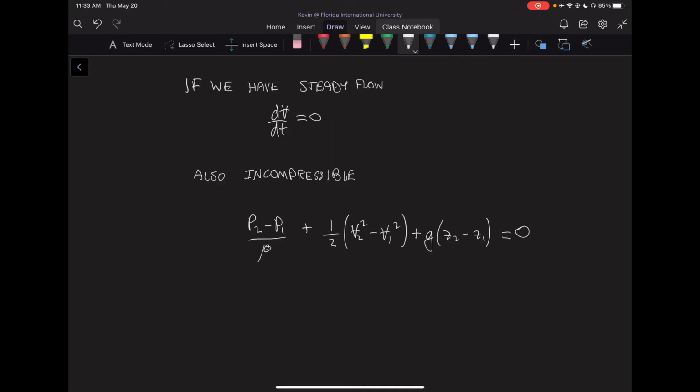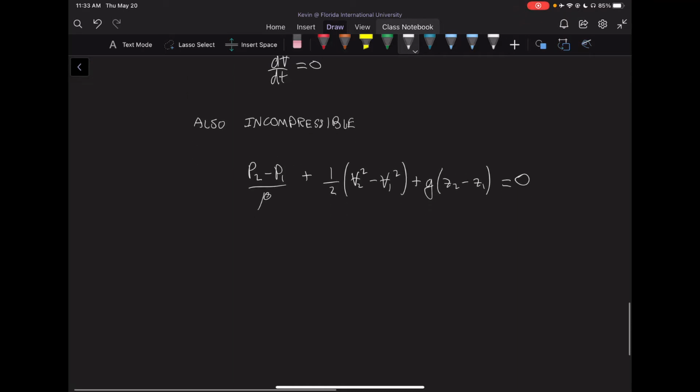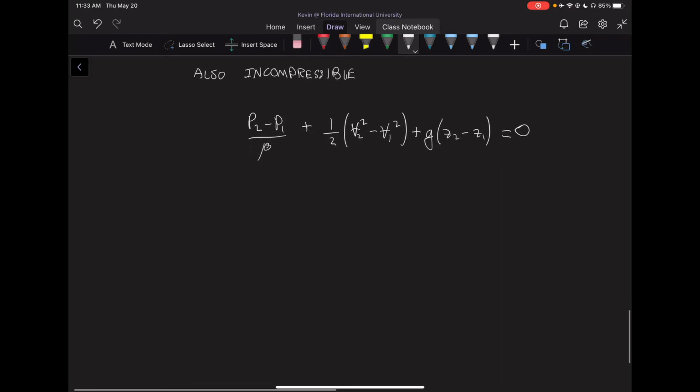And so if we separate all the terms of number 1 and 2, we can actually write this as an equation with all ones on one side and all the twos on the other side. So we're left with something that looks like this.